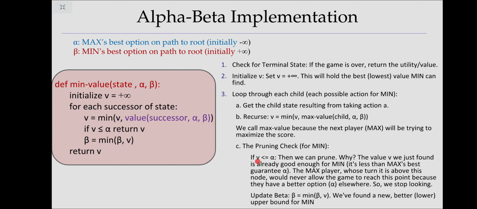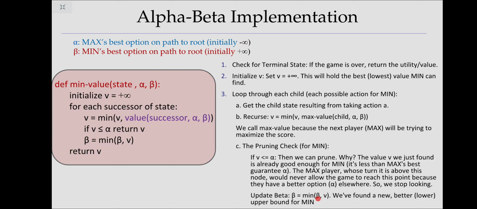Otherwise, if v is strictly greater than alpha, now we have a chance for checking the states. We compare the received v with beta. Beta is the best option for the min player. If v is greater than beta, the min player says that it is not necessary to update, I have a better option for beta.